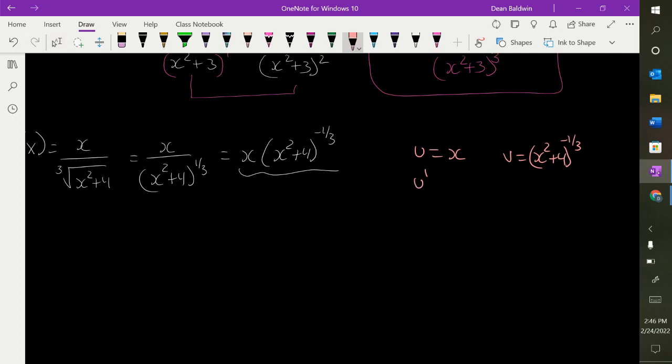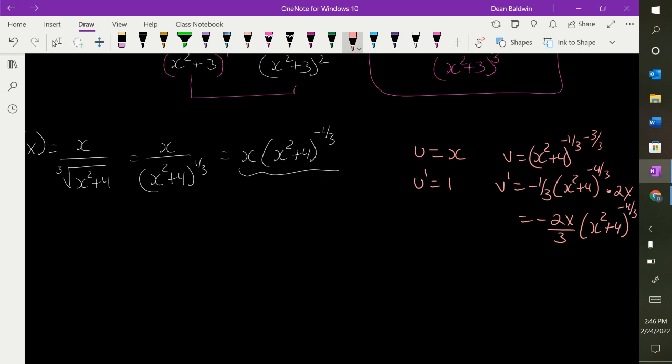So u primed is equal to 1, and v primed is negative 1/3 times x squared plus 4, take away 1, so that's like minus 3 over 3. So I get negative 4 over 3 times the inside derivative, which is 2x. So to clean that up, I'll get negative 2x over 3 x squared plus 4 to the negative 4/3.